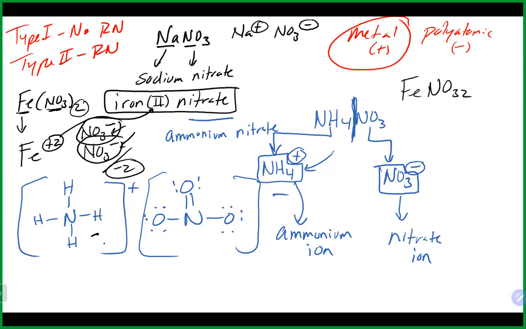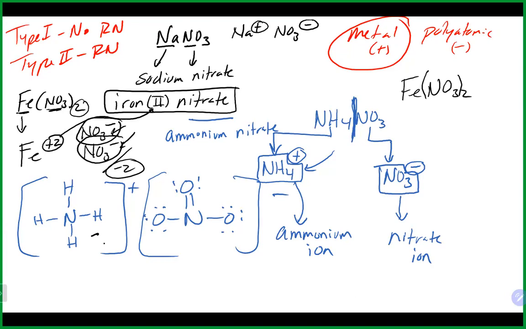So whenever you have more than one polyatomic ion, you do need to put parentheses around it and the number on the bottom to indicate how many you have, so people know it's a whole unit of those things in that particular formula. Any questions on that there?